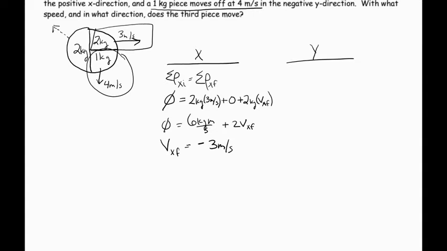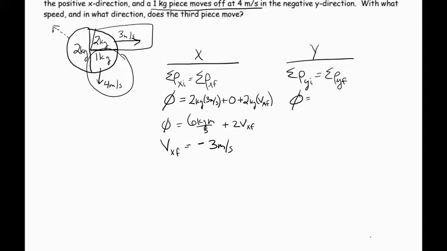And then you look in your Y direction. So your Y direction, we know that the sum of the momentum in the Y direction initial is equal to the sum of the momentum in the Y direction final. Okay, so when we look at that, we want to look at our different components. Well, we know we start with 0 momentum.